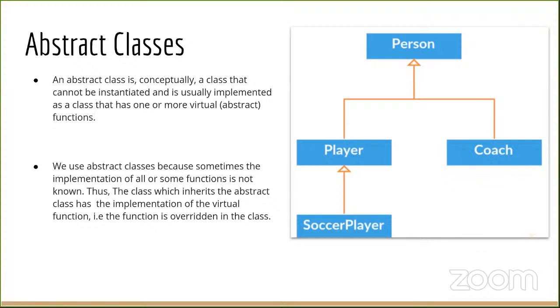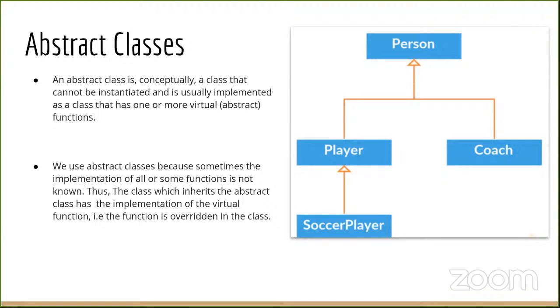So basically, an abstract class is conceptually a class that cannot be instantiated. So we cannot create an instance of an abstract class, and it is usually implemented as a class that has one or more virtual functions. So basically what makes an abstract class is the presence of a virtual function.